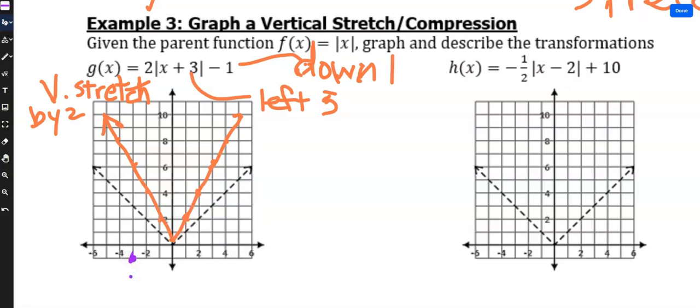So there's 1 point. 2 points. So the purple one is my final graph.